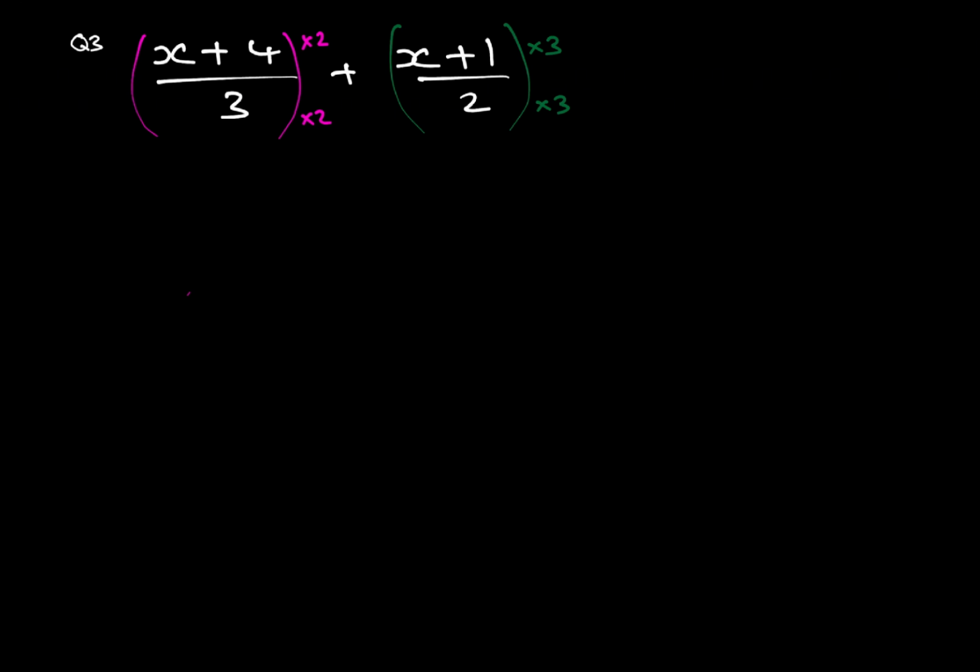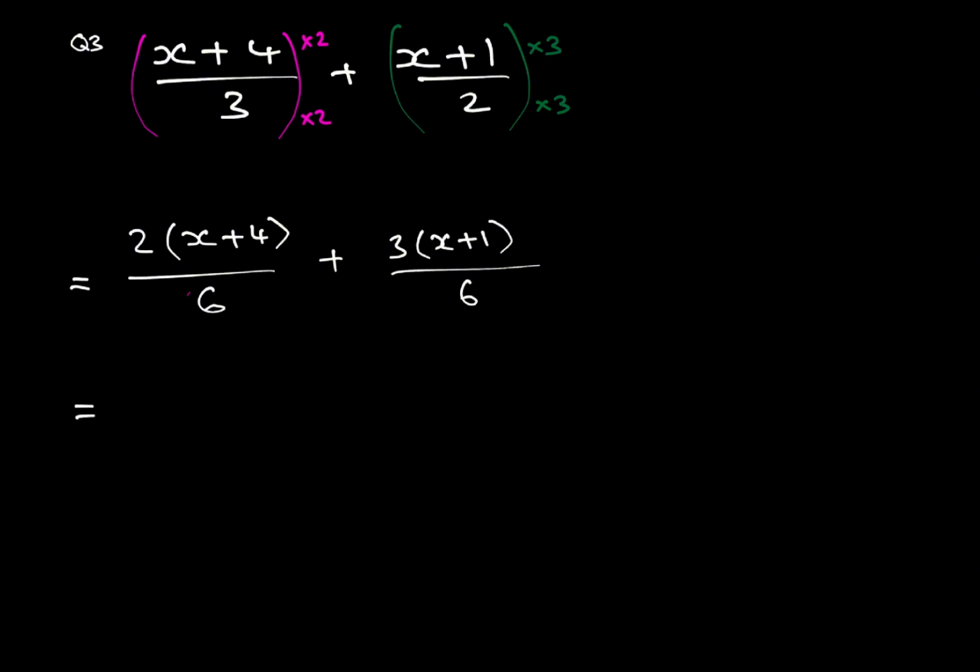So x plus 4 times by 2 can be rewritten as 2 brackets x plus 4 over 3 times 2 is 6. And then I'm going to add 3 times by x plus 1, so 3 brackets x plus 1 over 2 times 3, which is 6. Now that the denominators are the same, I can add the numerators, so 2 brackets x plus 4 plus 3 brackets x plus 1 all over 6.